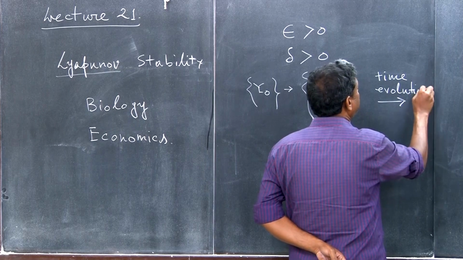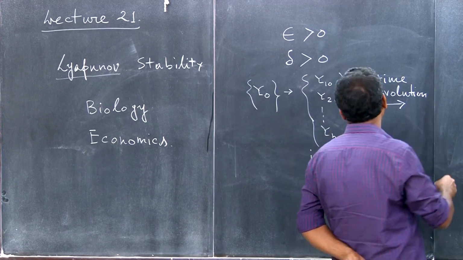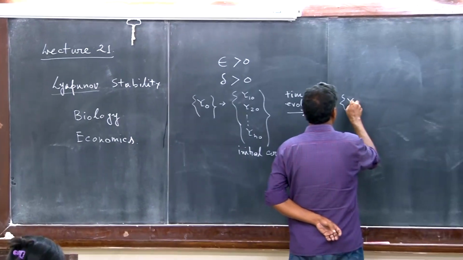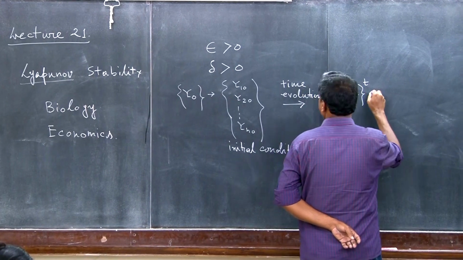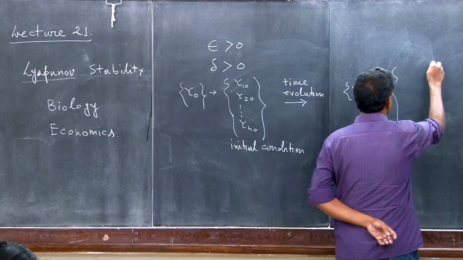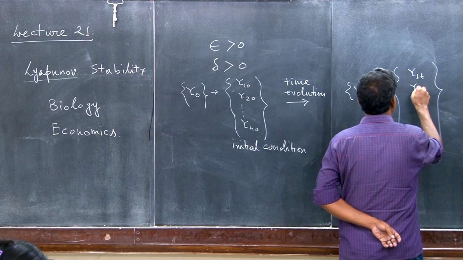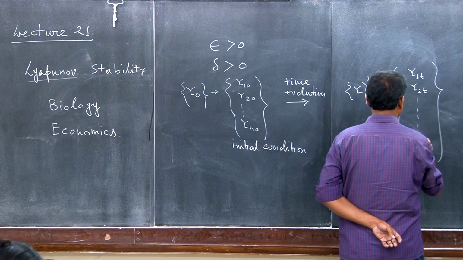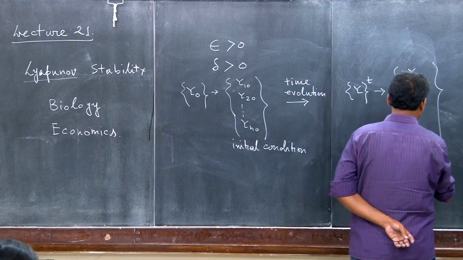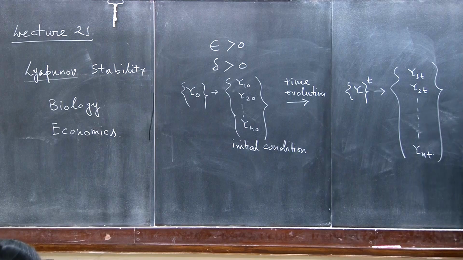So when it evolves in time, then of course at any time instant, it will have the state variable yt. That means yt will have things written like y1t, y2t, and ynt. Okay. So it's basically an n-dimensional state variable, right?